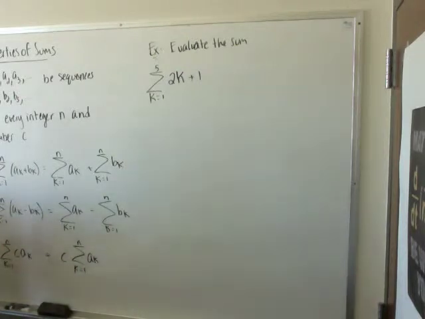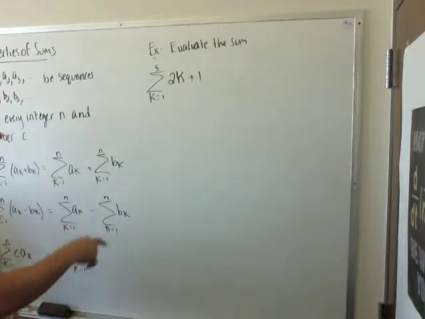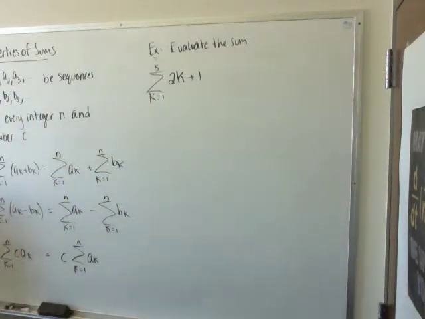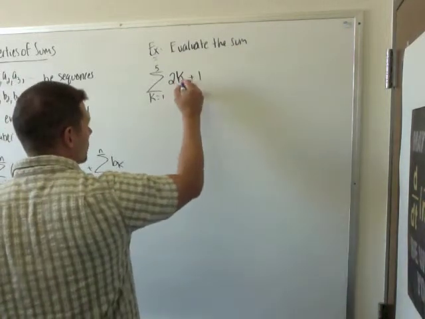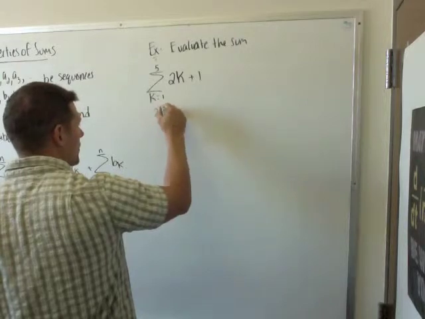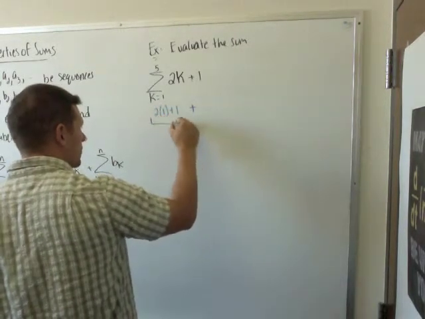Guys, this is just using the distributive property, that's all it is, and then also using the associative property and regrouping things. I can do this two ways. That's what this says. You can do this two ways. Okay? One way is you can say, okay, look, k equals 1. What happens if I get k equals 1? I get 2 times 1 plus 1. Very good. Now I put k equals 2, plus. This was k equals 1.